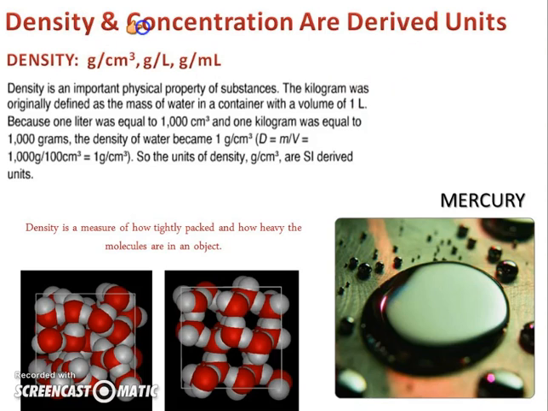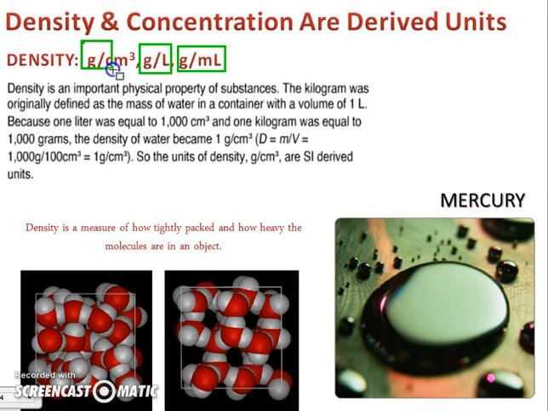Density and concentration are also two commonly used derived units in science and especially in chemistry. The density unit is something you're probably more familiar with than you know. The units of density that we typically use are mostly grams per milliliter and grams per liter. And when we do the calculations, you will see that.